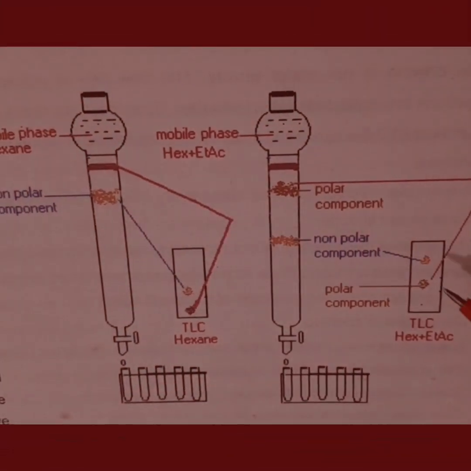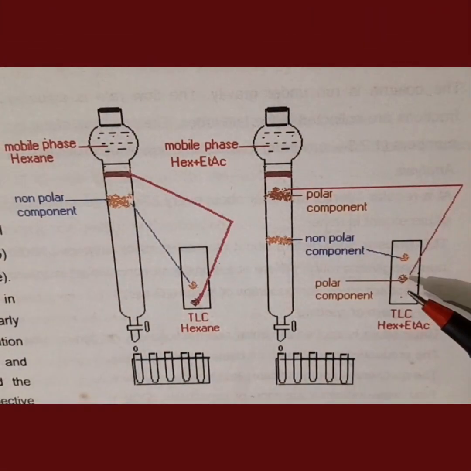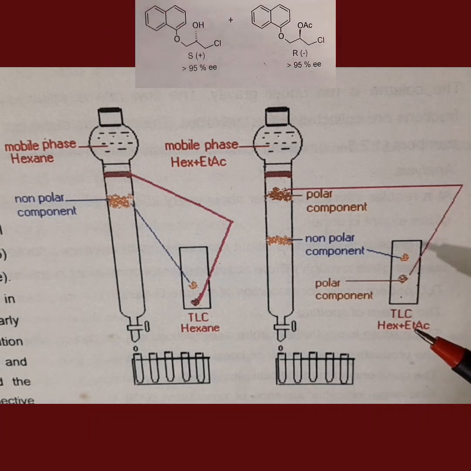Once we get an indication that our reaction mixture is giving two products, then we set in for analysis, HPLC, GLC, whatever analysis, just to understand the percentage conversion. Alright, prior to that, definitely we go in for infrared spectroscopy, where we have a difference in peak for ester as well as alcohol.